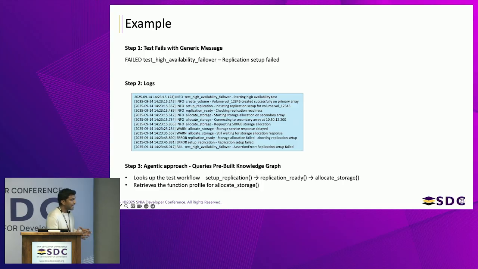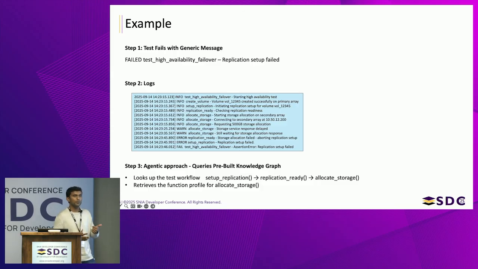Now, the agent has these anomalies, and the queries that hit the pre-built knowledge graph are based on these anomalies and the log patterns. The knowledge graph that we have, the Neo4j graph database, supports two kinds of query.